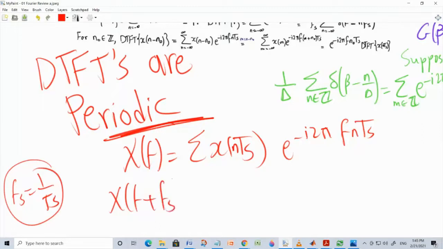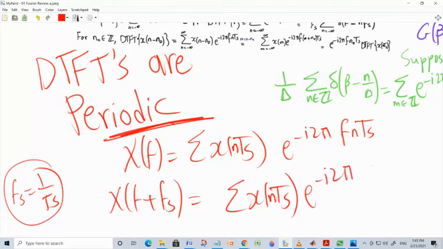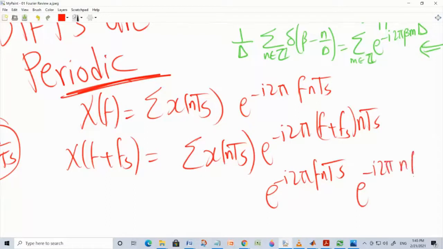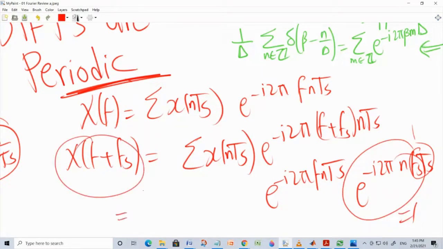What is X of f plus Fs? So it is summation x of n Ts e to the minus i 2 pi (f plus Fs) n Ts. Now you can split this exponential into the original one, and then there is an extra factor, but by definition Fs is 1 over Ts, so you have e to the plus or minus i 2 pi times an integer. This is equal to 1, which means that X of f plus Fs is equal to X of f.